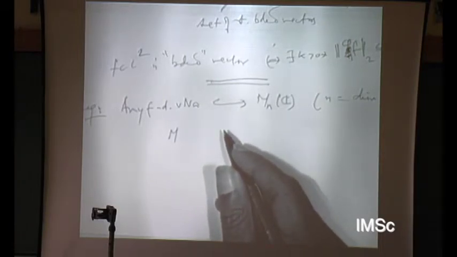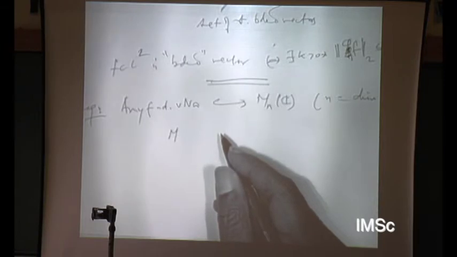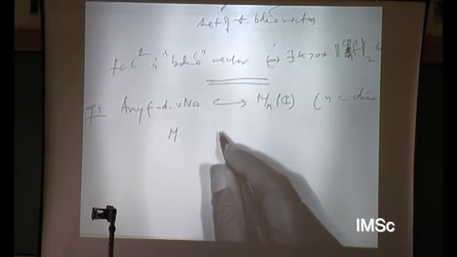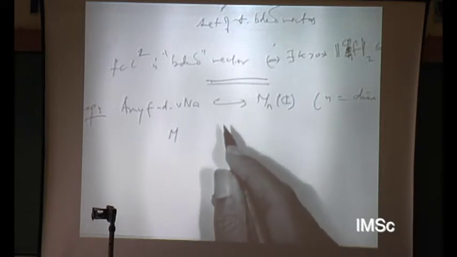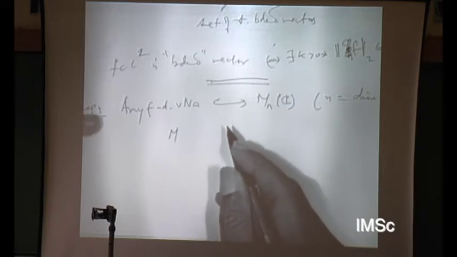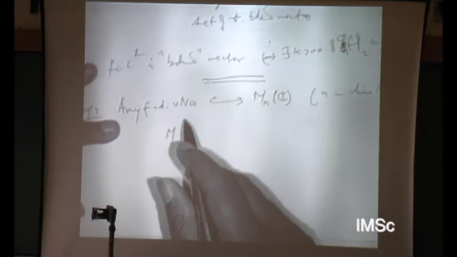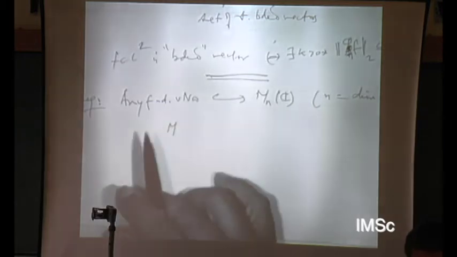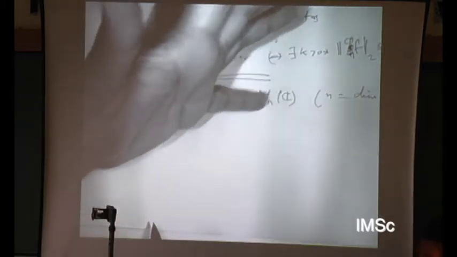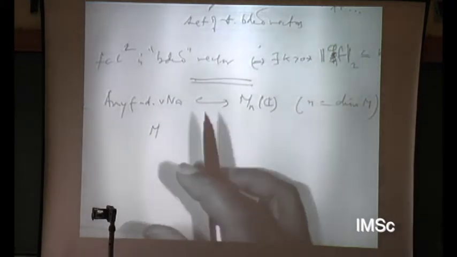The dimension of M is what? M is a vector space, right? What is the action? I'm saying any finite dimensional von Neumann algebra can in fact be embedded inside Mn, where n is the dimension of M. So what is the definition of the dimension of M? M is a vector space, no?